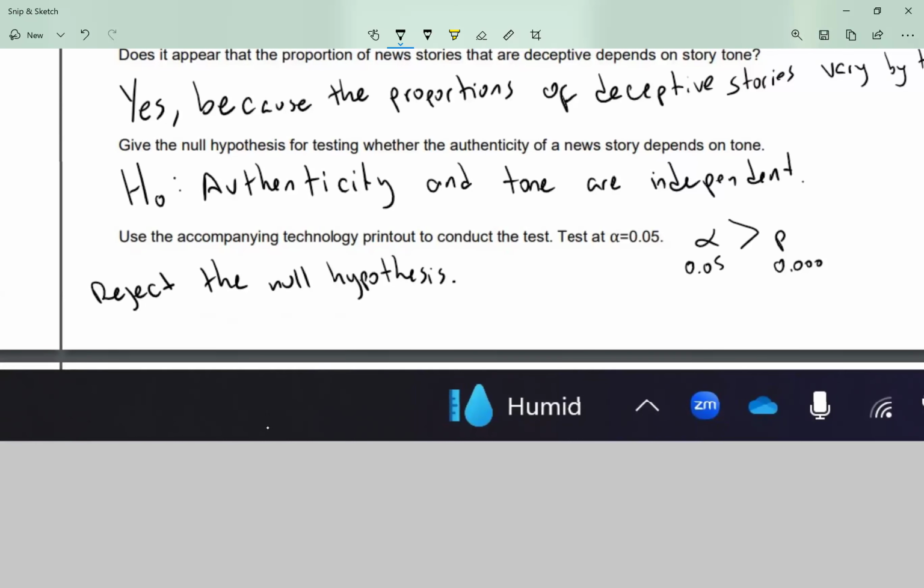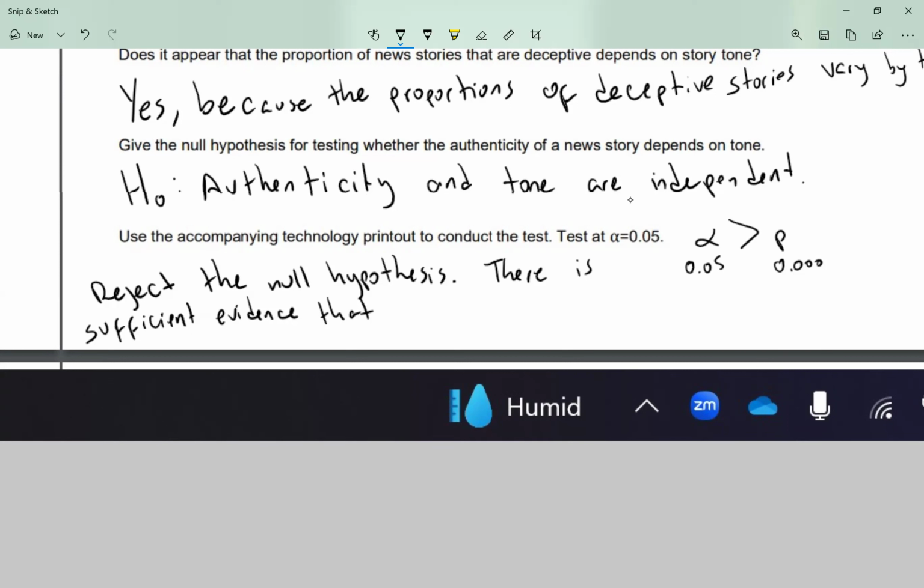Okay, why do I reject it? Every time for us to reject the null hypothesis, we must have sufficient evidence. If I don't reject the null hypothesis, it is because I have insufficient evidence, but I'm rejecting it, so there is sufficient evidence. Okay, so for the finish, what were we checking?